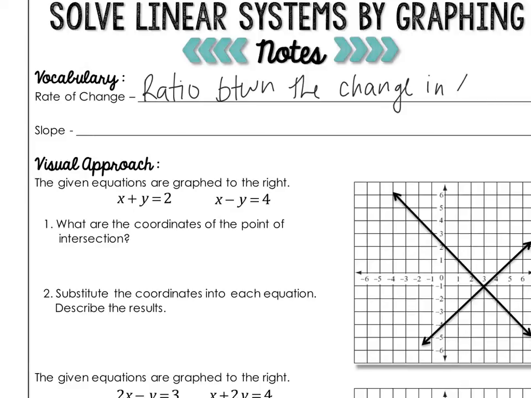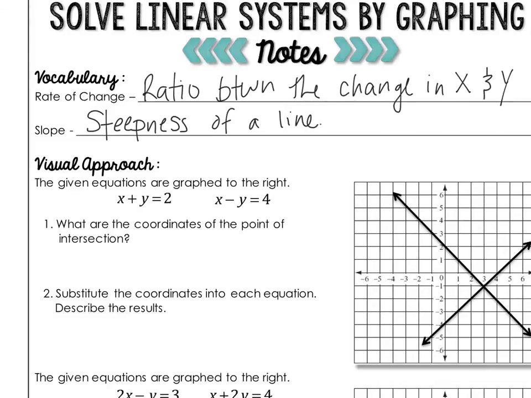That rate of change is just a number, just like slope is a number. These are kind of synonyms for each other. Slope is just the steepness of a line.